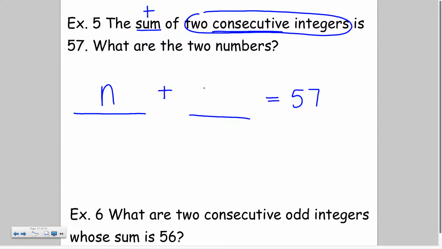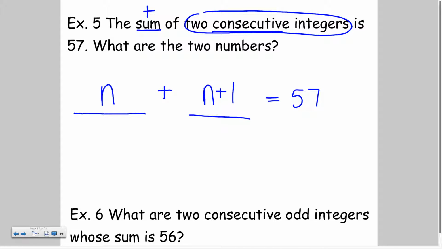So our first number is n. To get to the next number, it would be n plus 1. Because in our foldable, we just talked about, for example, the numbers 3 and 4. If my starting number is 3, we call it n. To get to 4, we would add 1 to that n value. So that's just a reminder of what you just saw in that foldable.